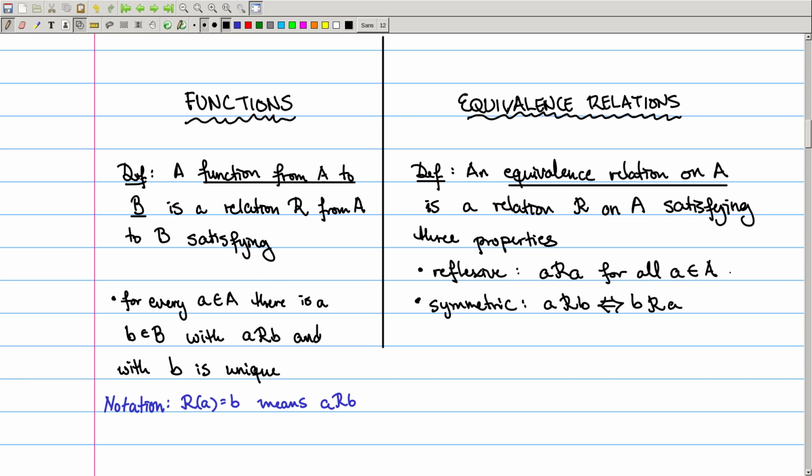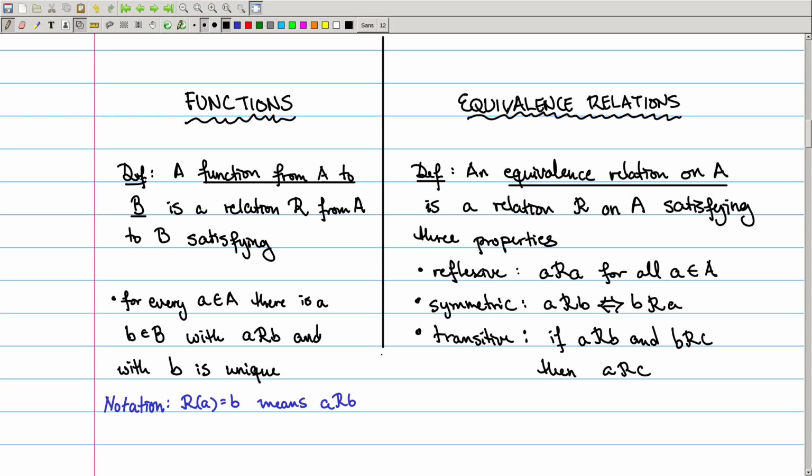It's symmetric, which means that a is related to b if and only if b is related to a. And finally, it's transitive, which means that if a is related to b and b is then related to c, well then we could say that a itself, starting out there, was related to c. So an equivalence relation has to have all three of these properties. It needs to be reflexive and symmetric and transitive.